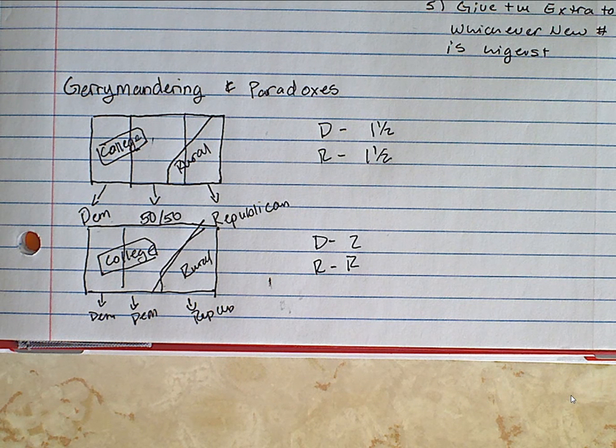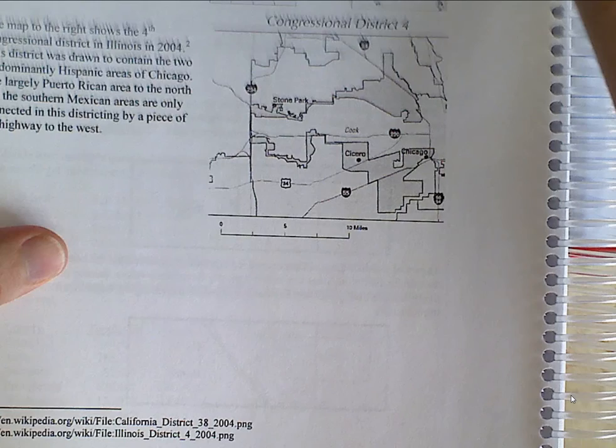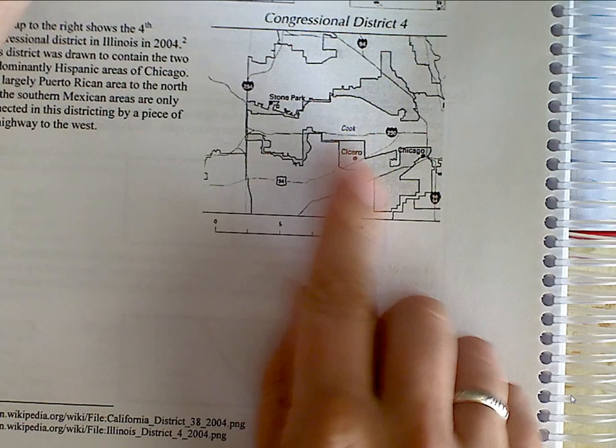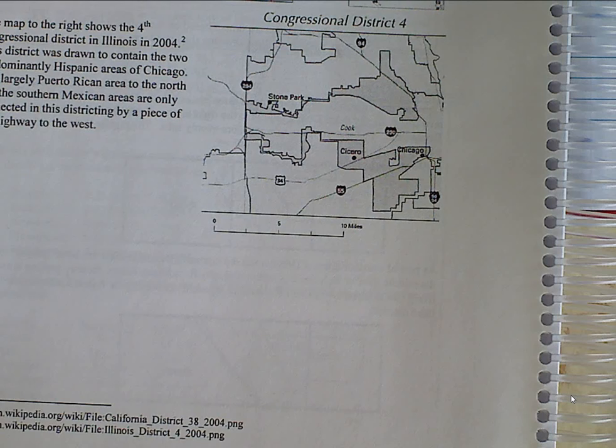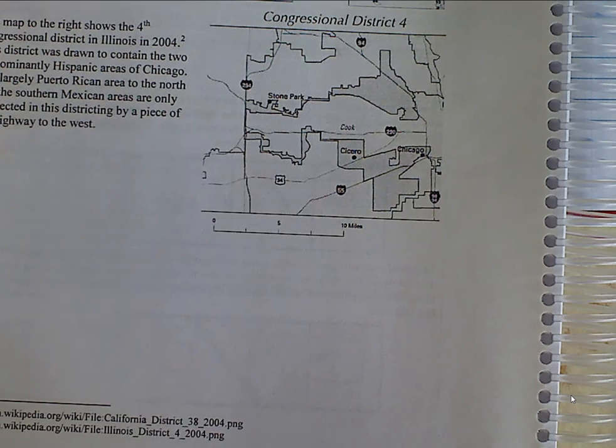In fact, I have an example I wanted to show you guys of a political district in Chicago that will blow your mind, because its boundary line makes no sense at all. So this gray area here is a political district that was drawn in 2004.